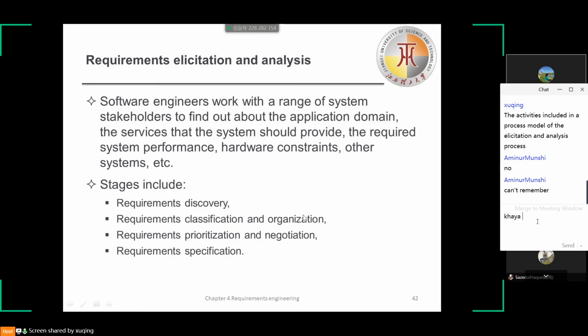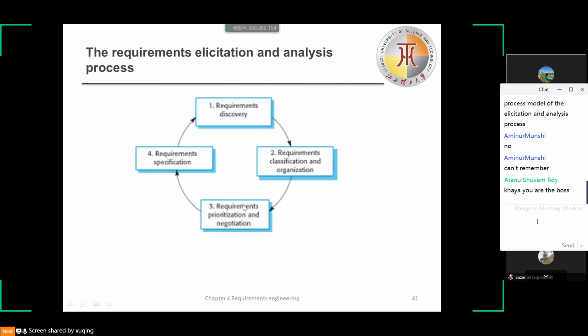Yes, it's this one: discovery, classification and organization, prioritization and negotiation, specification. And we see it's a cycle. We will return back here if we didn't finish the requirements documentation.